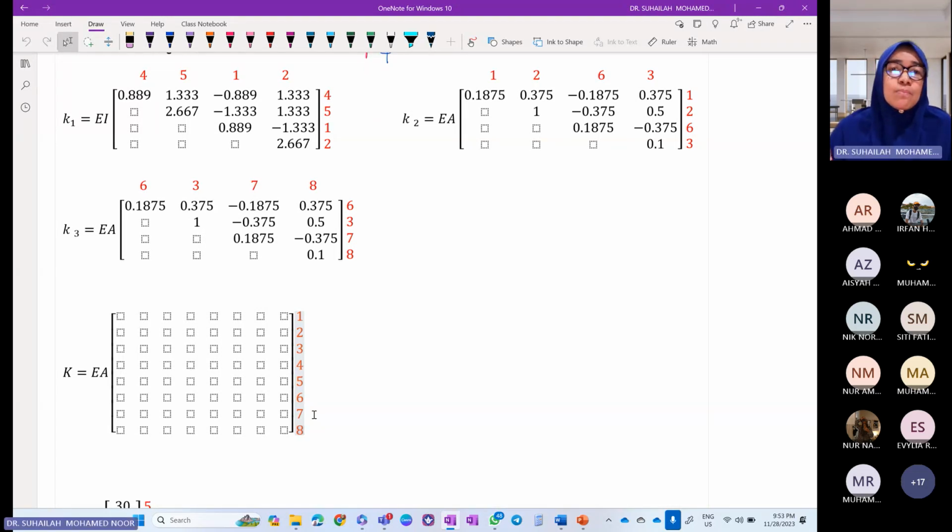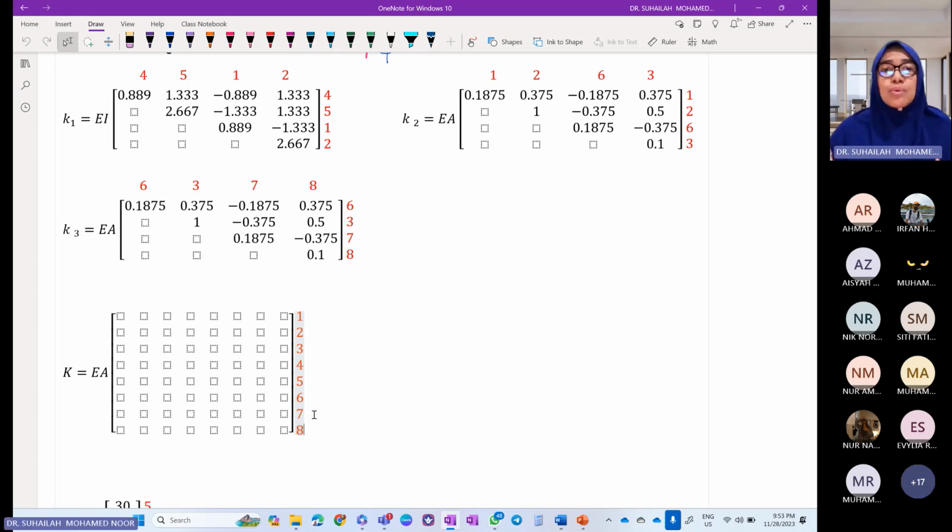Value for position 1. So the red labels that we put in K1, K2, and K3 are actually representing the position. Degree of freedom means position. Displacement, that is position. Representing positions 1, 2, 3, 4, 5, 6, 7, 8, 2 at each joint.